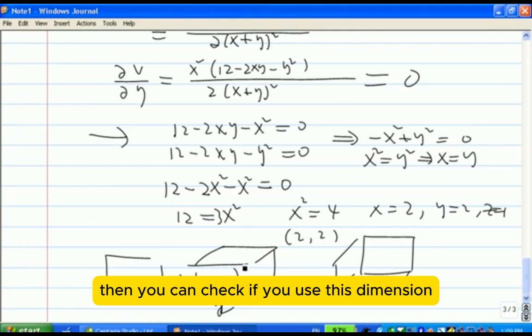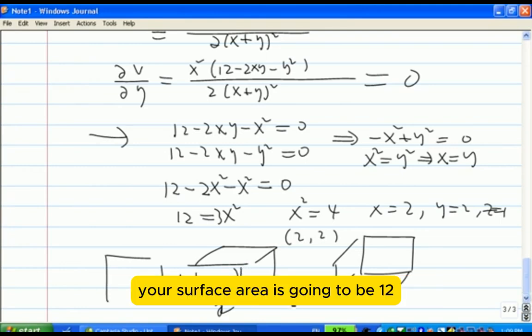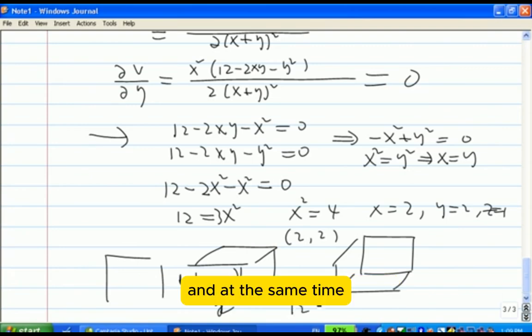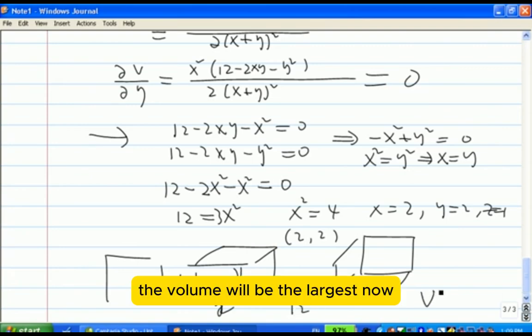Then you can check. If you use this dimension, your surface area is going to be 12, and at the same time the volume will be the largest.